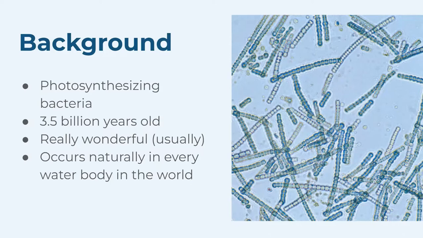It does a lot to enhance soil fertility, we can use it for biofuels, and it's a great user of greenhouse gases. And actually, about 2 million years ago, cyanobacteria was responsible for oxygenating the Earth's entire atmosphere, which allowed humans and other animals to live here. So in a lot of ways, we owe cyanobacteria for great things.